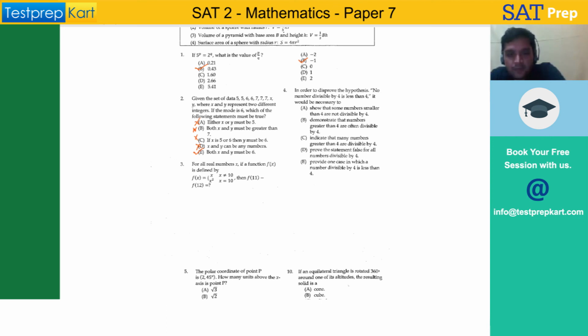Question number 4. In order to disprove the hypothesis, no number divisible by 4 is less than 4, it would be necessary to show that some number smaller than 4 is not divisible by 4?